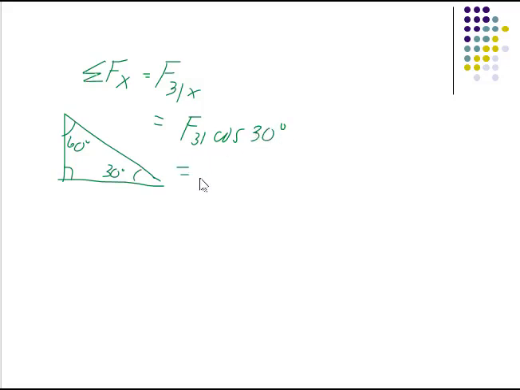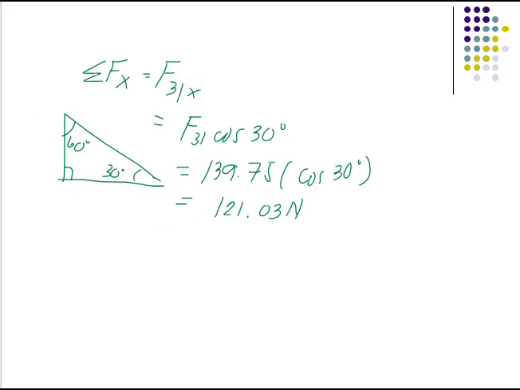So earlier, we have F31, which is 139.75 times cosine 30. That will now give us a value of 121.03 newtons. That is for the summation of forces along x component.